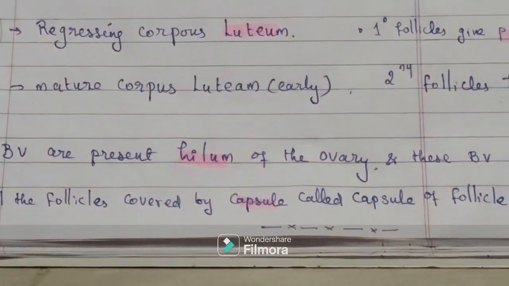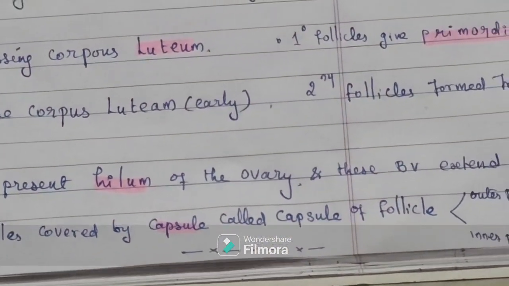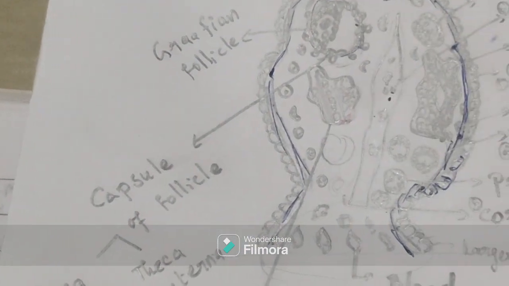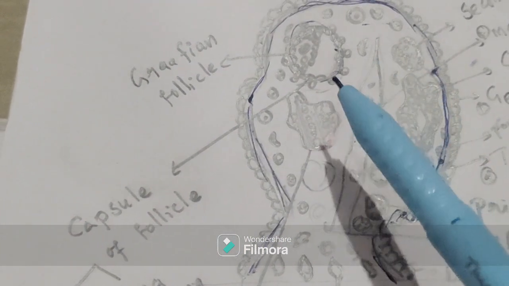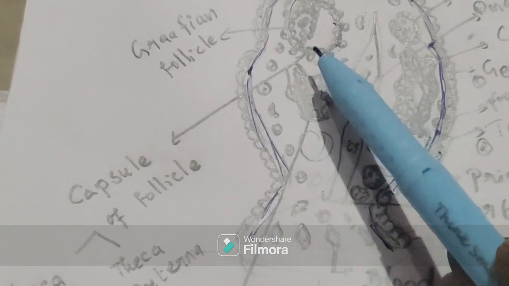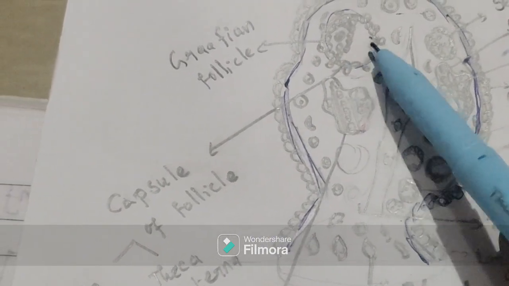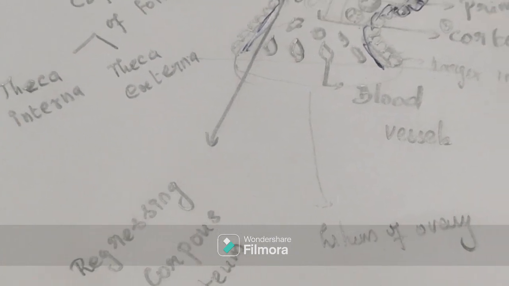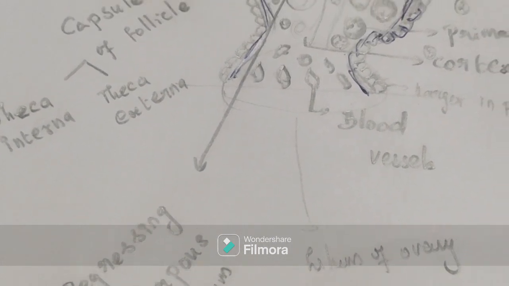All the follicles are covered by a capsule. This capsule has an outer part and an inner part. The outer part is called the theca externa. The inner part is called the theca interna.